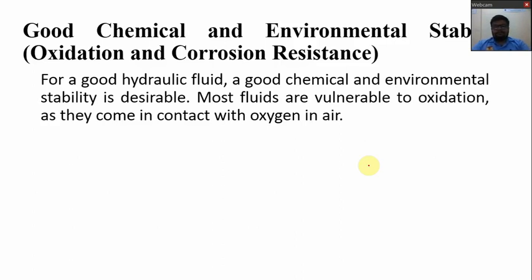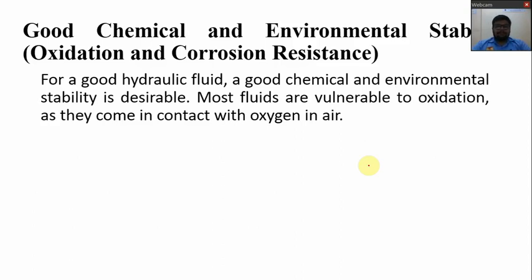Many factors influence the rate of oxidation, such as temperature, pressure, the moisture available in the fluid, and so on. But if we go for the most important factor, then temperature is the most effective one, as the rate of oxidation increases severely with the rise in temperature.